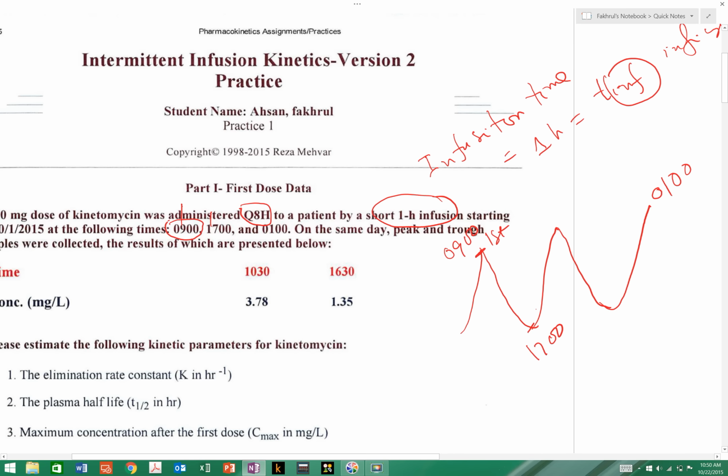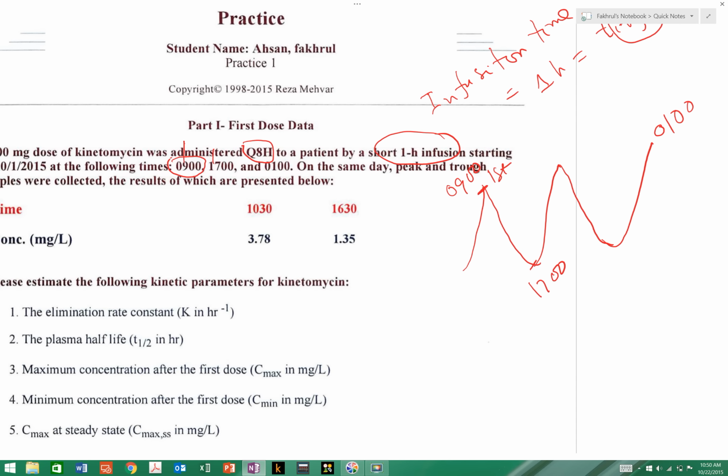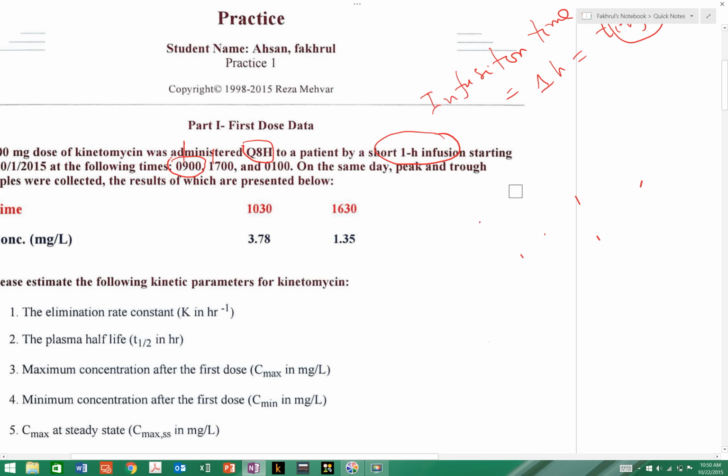So first thing, the question is asking to calculate K. To calculate K, you have to find the T trough and T peak. So let's use the first equation.